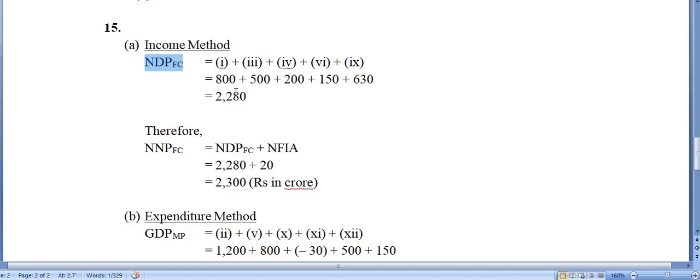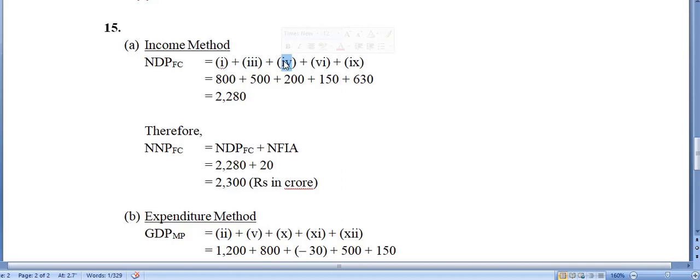Okay, so number one, compensation of employees. Number two, no. Number three, yes, profit, because you have to add OS also, isn't it? So number three is the profit, that is your OS, operating surplus. Number four, rent.